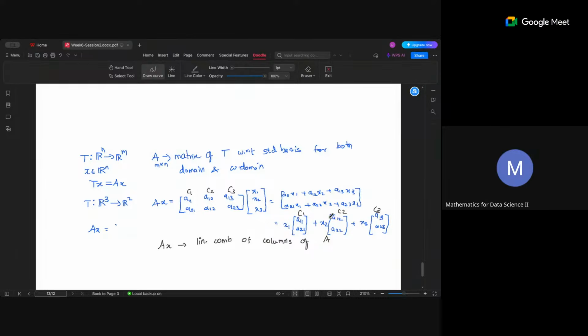C1, C2, C3 are the columns. So here I'm writing in general, for any A, for M by N also, Ax always represents the linear combination of the columns of A.